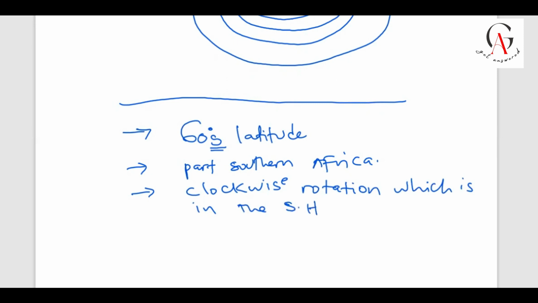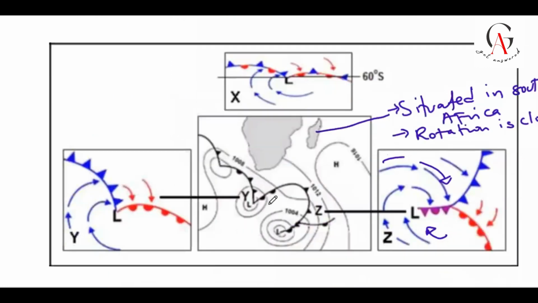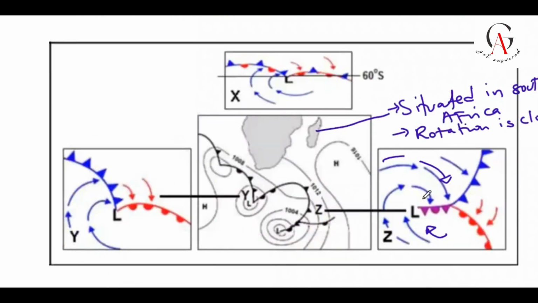Let's check again. Talk about the rotation. Talk about the line of latitude. Talk about part of Africa. And as well, we say that the warm front is facing northwards.